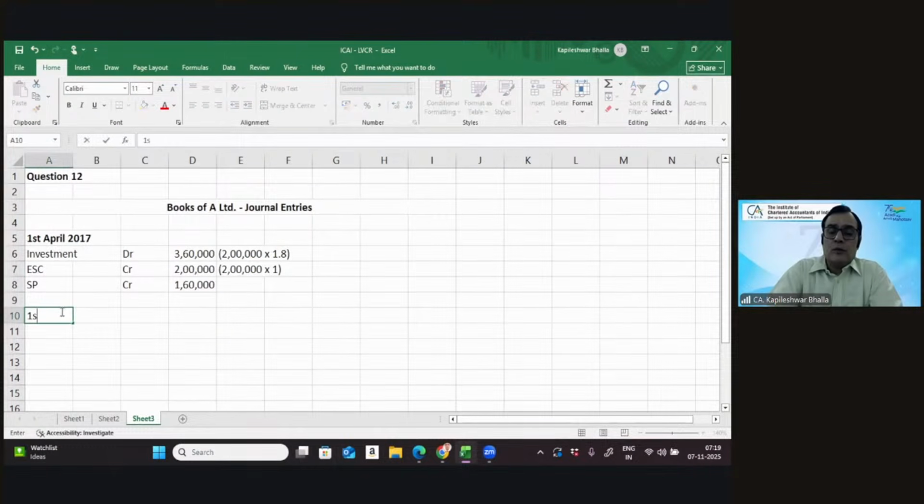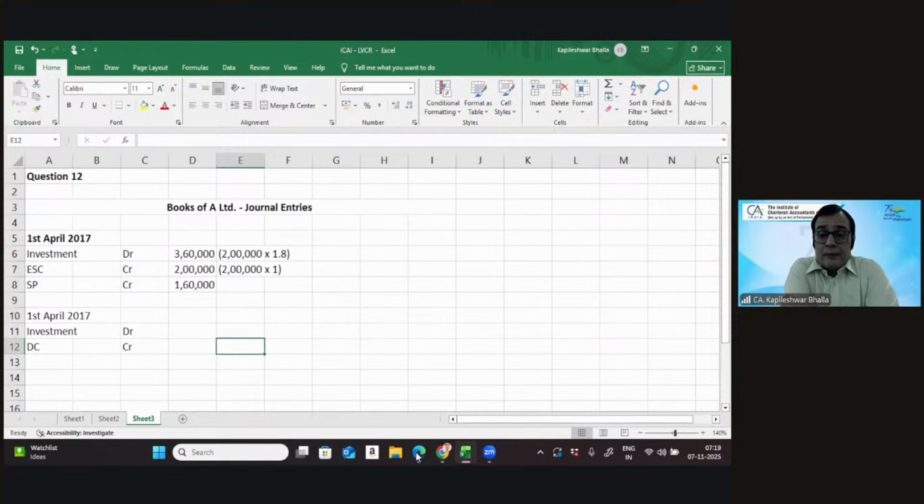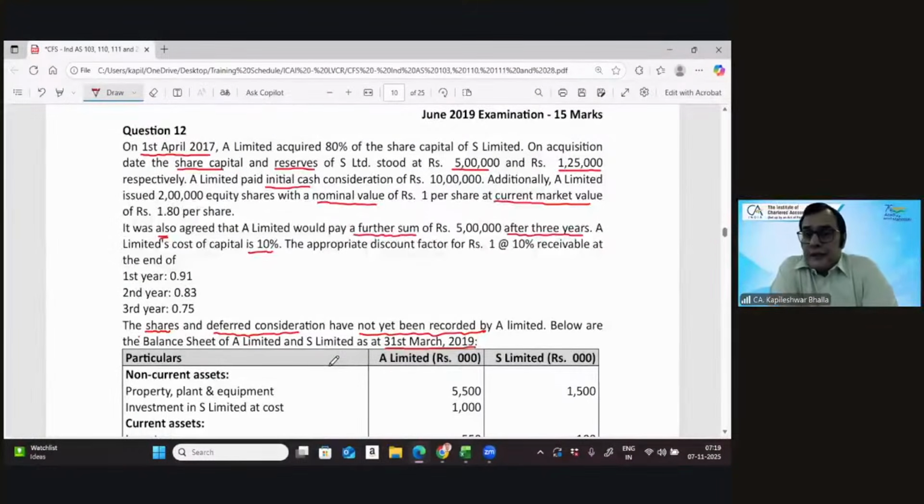Then we also forgot to consider the deferred consideration as well. So we need to put an entry for the DC, and this is going to be investment account debit. And the deferred consideration, the DC, gets a credit. Coming back to the question, what is the amount to be recorded in terms of the deferred consideration? It says it is also agreed that A will pay a sum of 5 lakh rupees after 3 years.